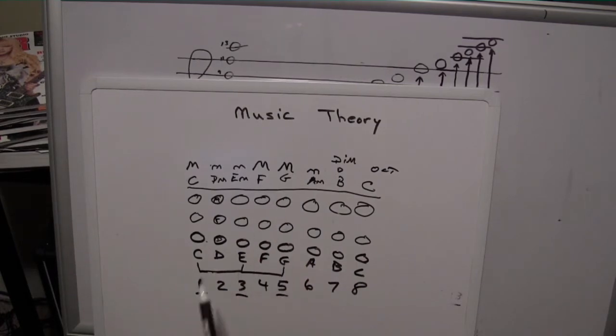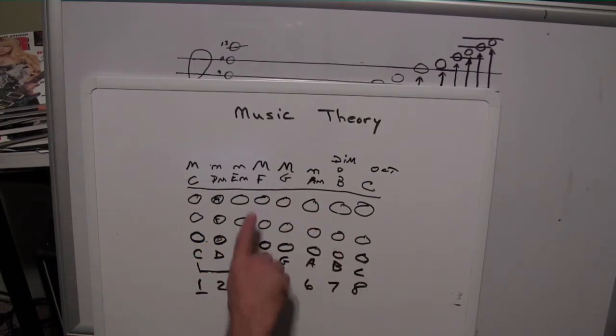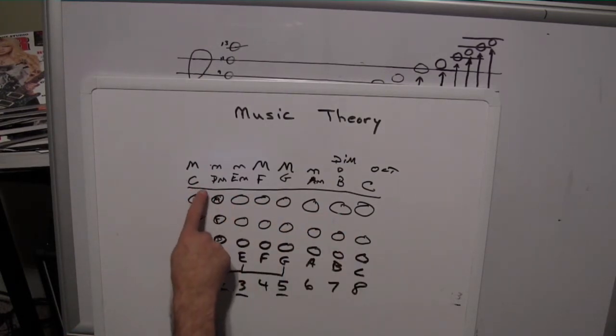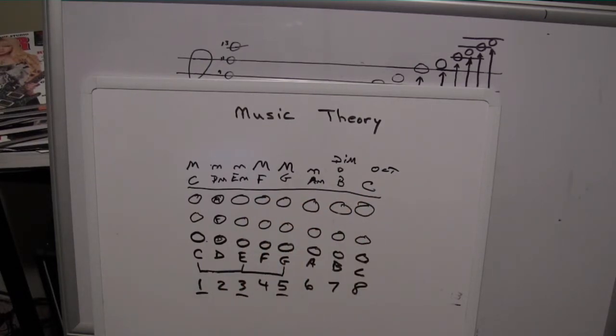And so in music theory, the chords that we hear that are familiar to us, that we like, that sound really good in Western music are based off the major scale, stacking thirds, and they end up being major, minor, minor, major, major, minor, diminished, and then the octave. That's the rule.